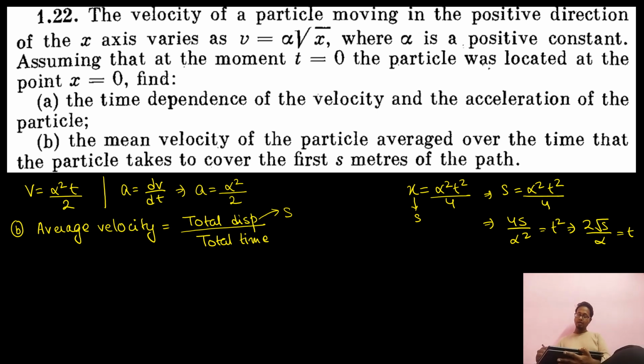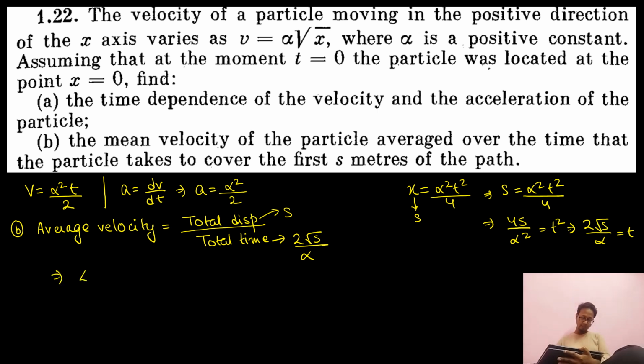The particle will cover the distance s in t is equals to 2 under root s by alpha.